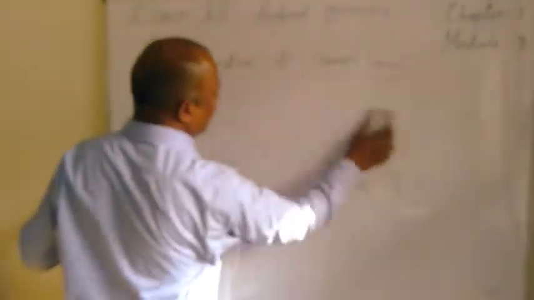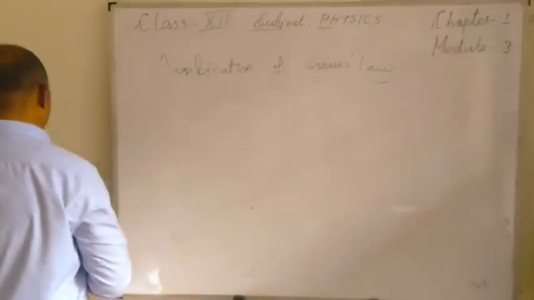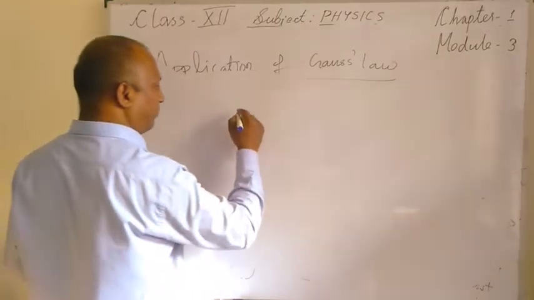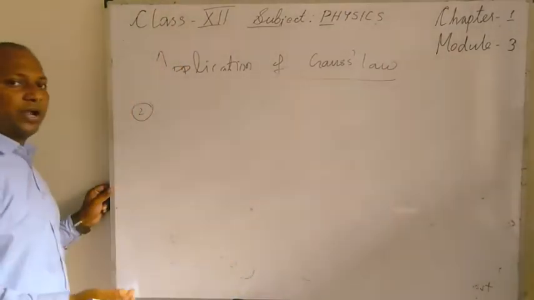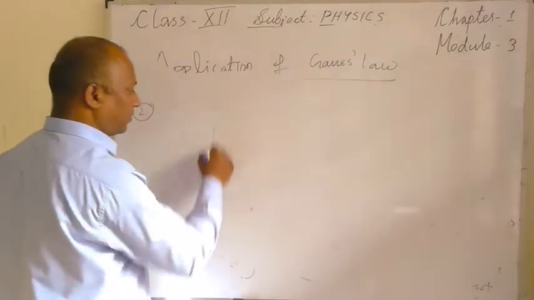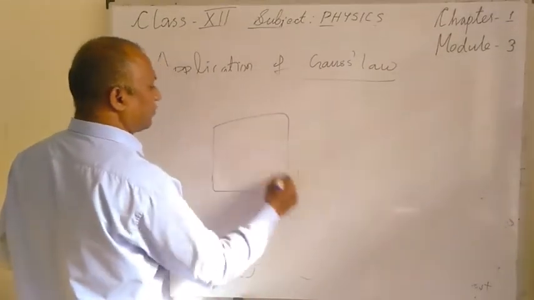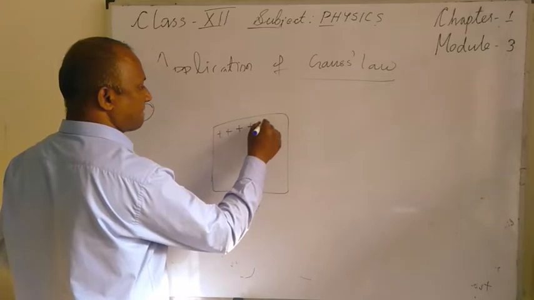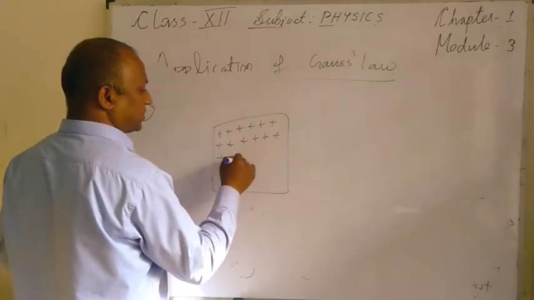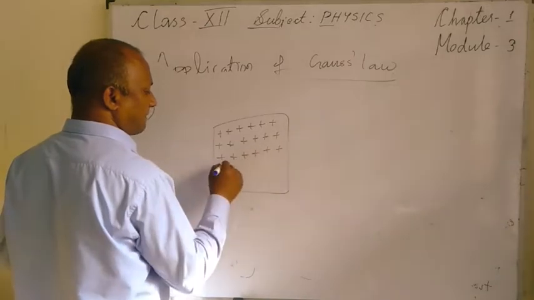So let's go for the second application of Gauss law. The second application of Gauss law is about an infinitely long sheet, but I cannot draw an infinitely long sheet on the board, so I am drawing a finite sheet which is uniformly charged. A uniformly charged infinitely long plane sheet.